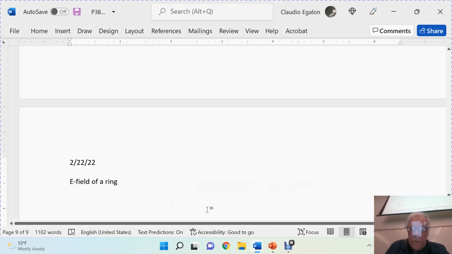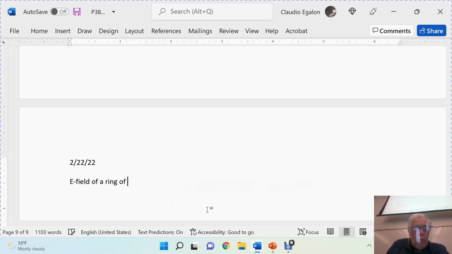The field of a ring. The field of a ring of radius r, at a point along the x-axis, at a distance x.